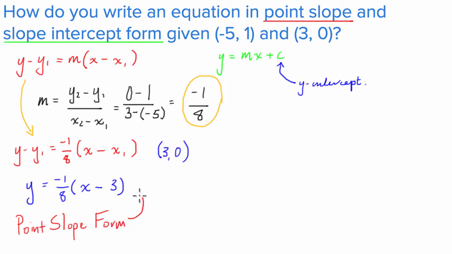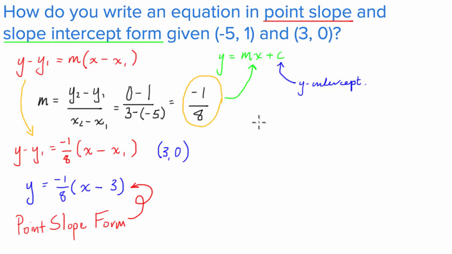Now let's go to our slope-intercept or gradient-intercept form, y equals mx plus c. What we're going to do first is substitute the gradient that we've derived into our function.